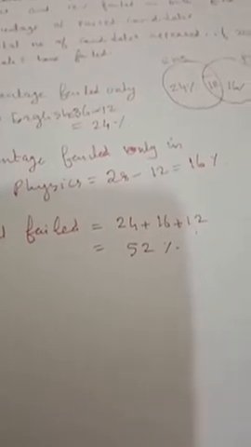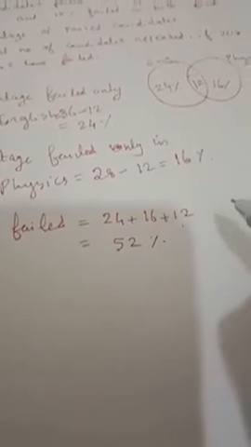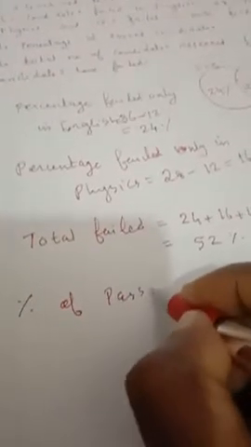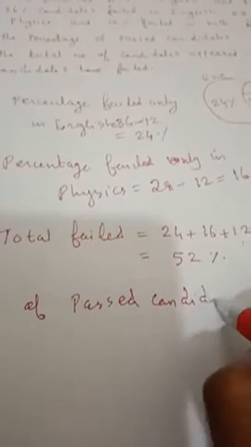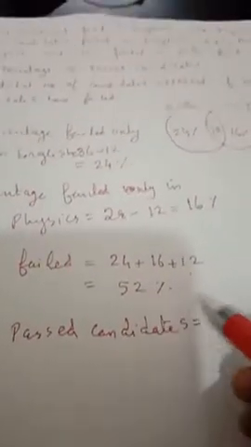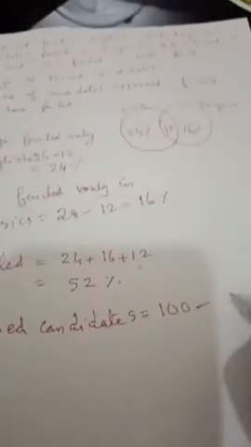Out of total students, 52% failed. Our first question is the percentage of passed candidates. Passed candidates is out of 100, because percentage means out of 100.